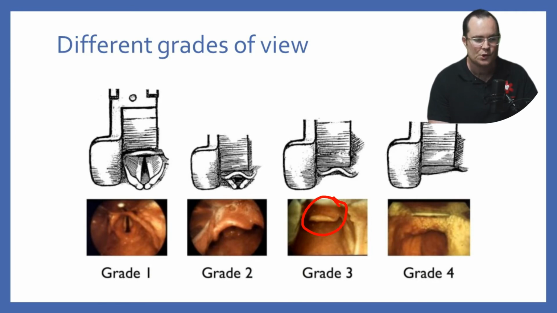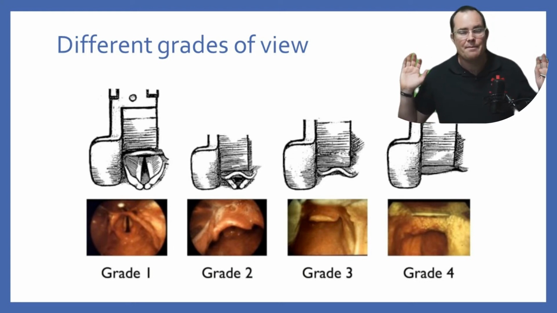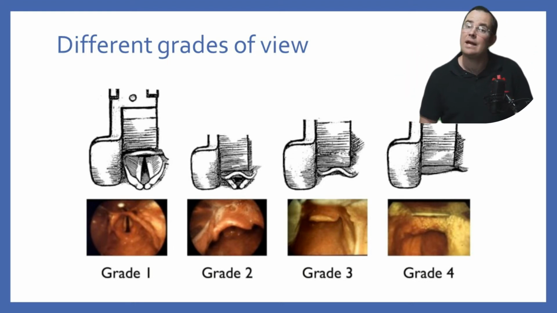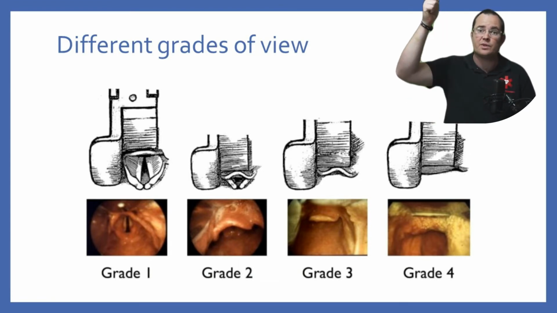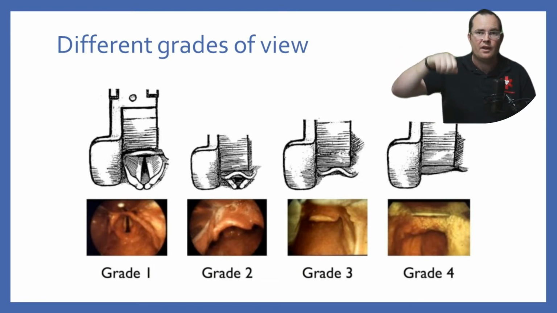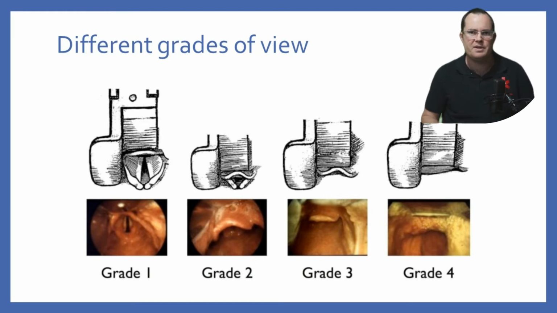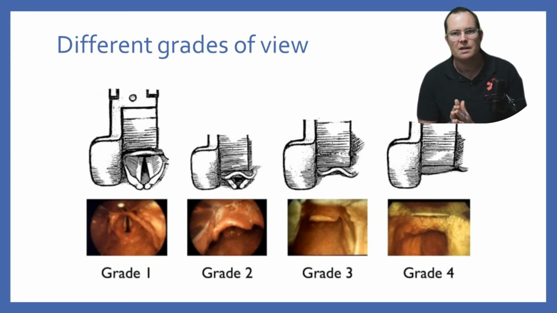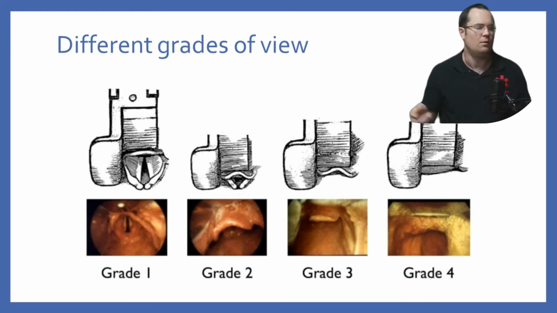If you have a grade 3 or grade 4 view and you back up and you say, hey man, I don't see the glottic opening, somebody else try. And then your buddy grabs the blade. Oh, let me get in there. If you know how to intubate and you're using proper technique, what do you think your buddy's going to see? Your buddy's going to see a grade 3 or a grade 4 view. The same thing you just looked at, okay? And if you were having a difficult time intubating that patient because your view was bad, what do you think's going to happen to him or her because of that?